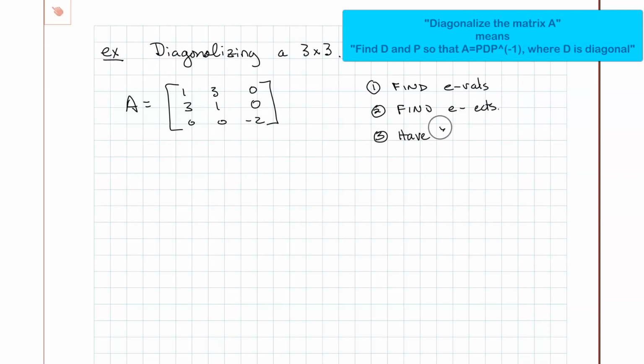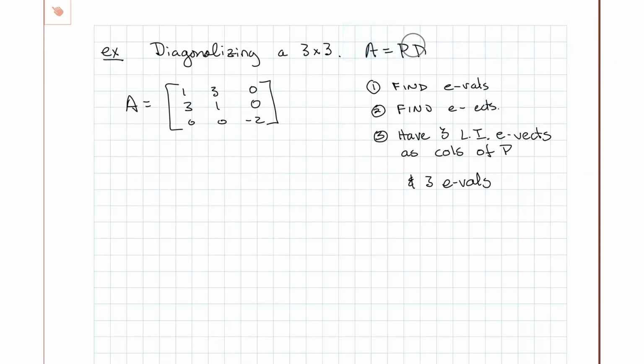So we have 3 linearly independent eigenvectors as the columns of P, and the eigenvalues as the diagonal entries of our similar matrix. So we're looking for P times D times P inverse. All right, so let's start by finding the eigenvalues.